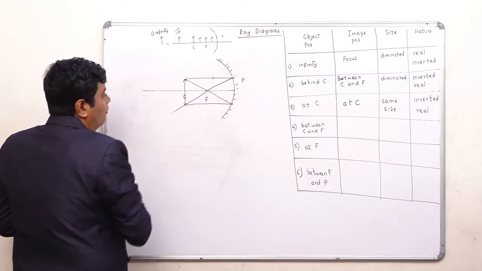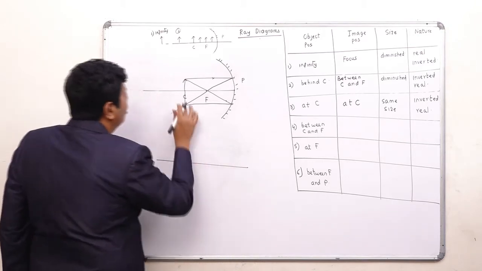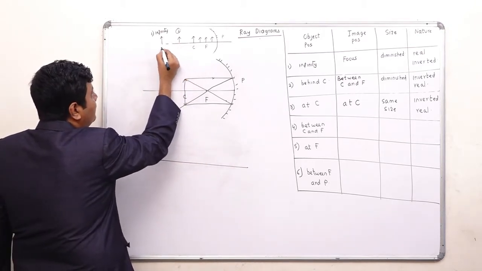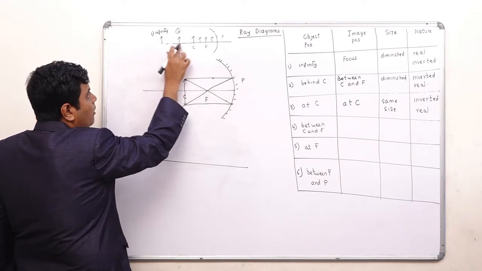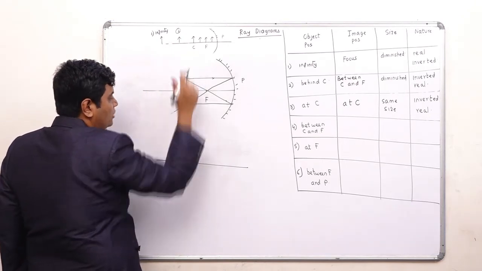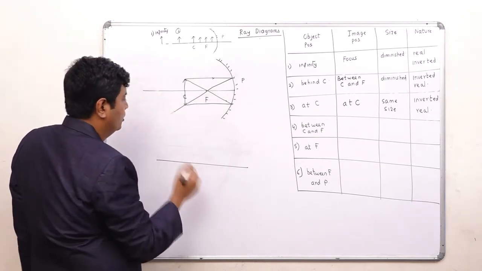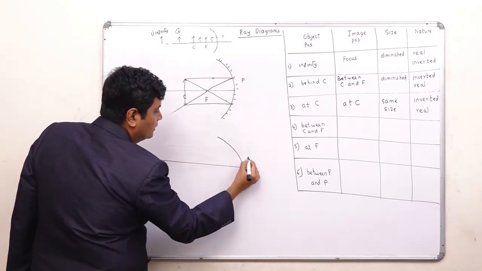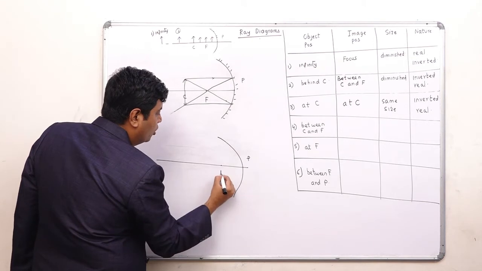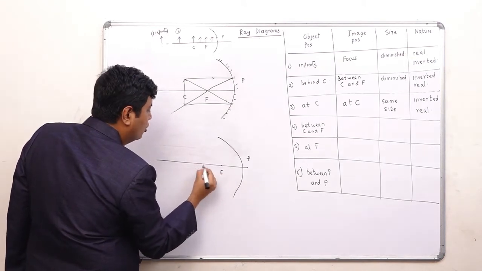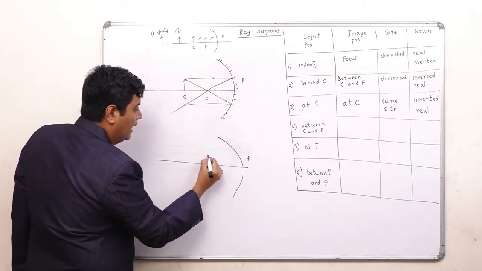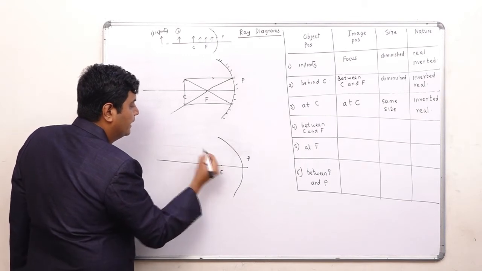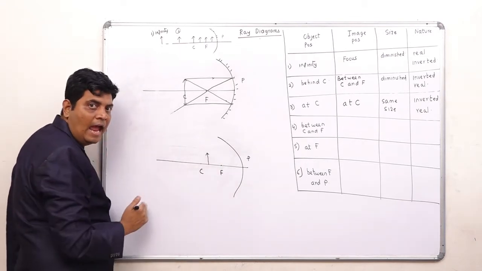Next ray diagram. I have completed position 1 at infinity, position 2 behind C, position 3 at C, and position 4, between C and F. So this is your pole, this is your focus, this is your center of curvature, and your object is between C and F. What did I say?